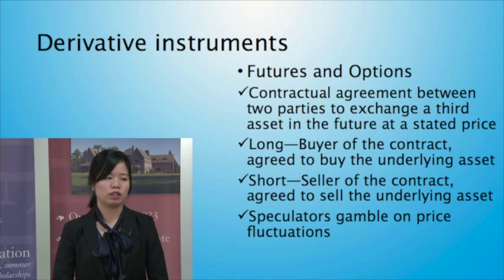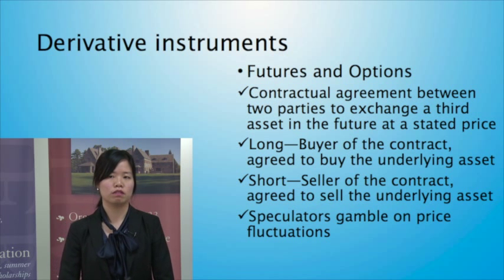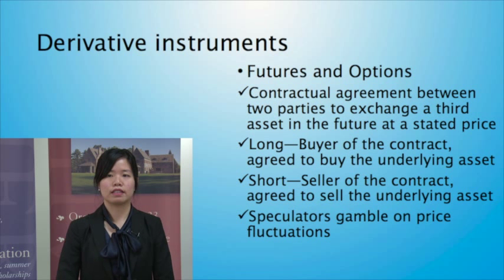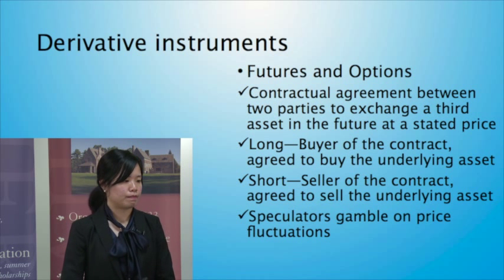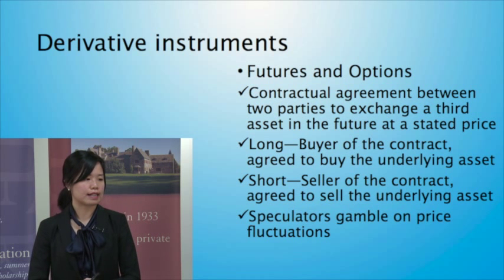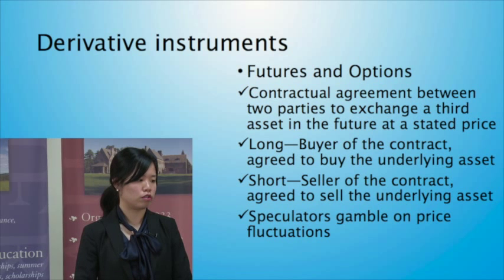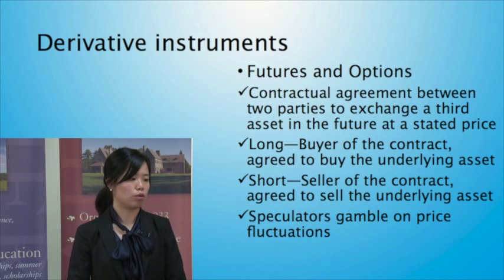There are 4 derivatives on the market now: forwards, options, futures, and swaps. Today, I will only cover futures and options. Forward is similar to futures, and swaps are about interest rates. But today, we are only going to talk about futures and options.